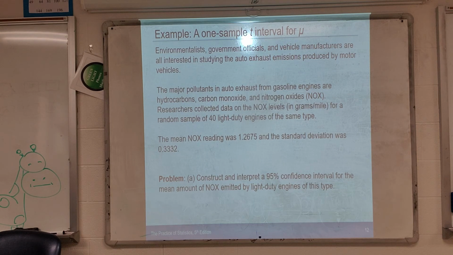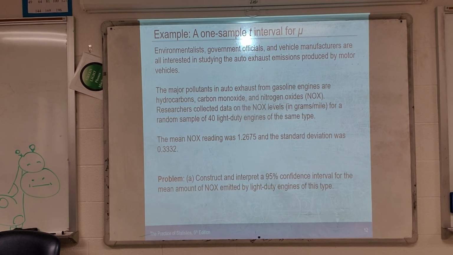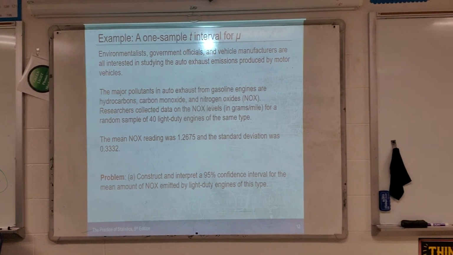Researchers collected data on the NOx levels in grams per mile for a random sample of 40 light-duty engines of the same type. The mean NOx reading was 1.2675 and the standard deviation was 0.3332. So construct and interpret a 95% confidence interval for the mean amount of NOx emitted by light-duty engines of the same type.